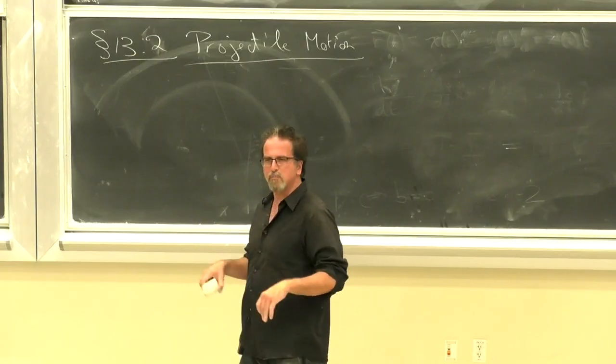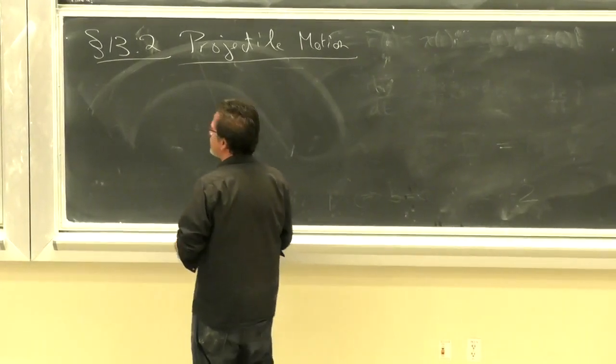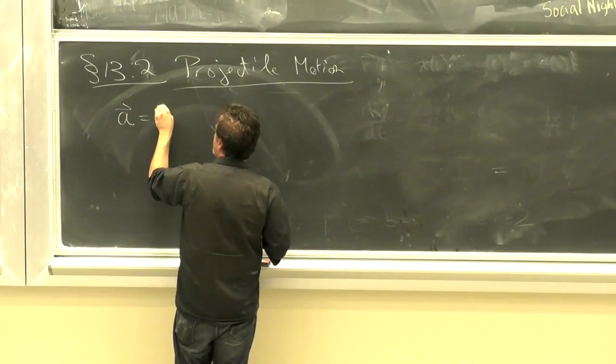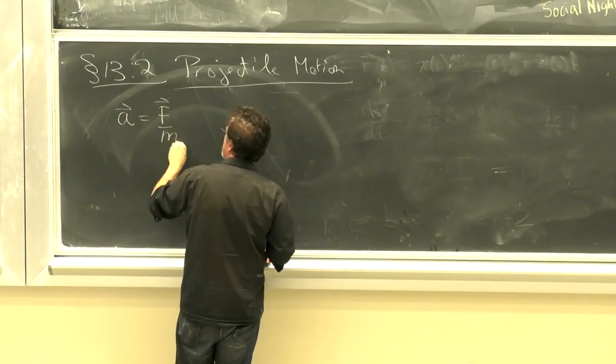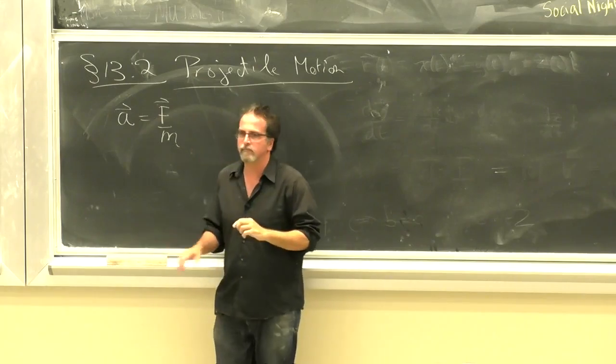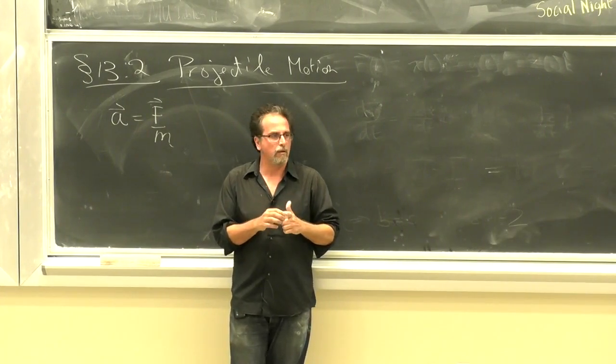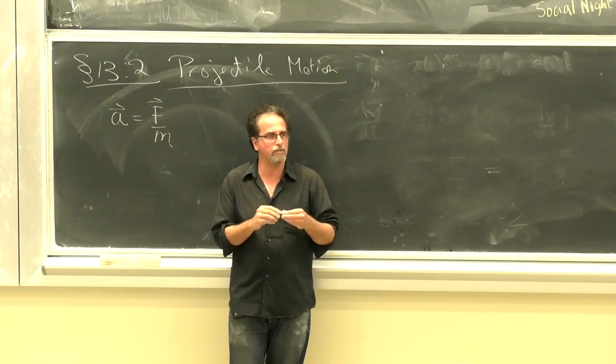Let me just jump into it. A equals F over M. Newton's second law. A body in motion will tend to stay in motion unless acted upon by an external unbalanced force. The acceleration, the rate of change of velocity, is proportional to the force divided by the mass of the object.